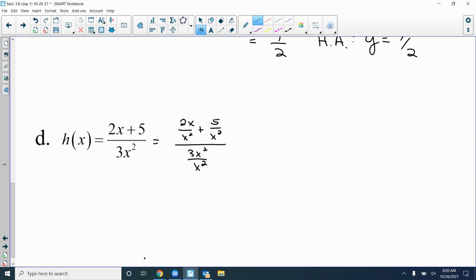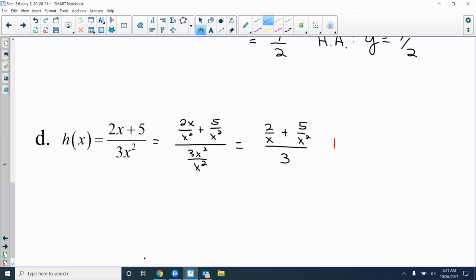Simplify everything. Well, 2x over x squared just becomes 2 over x. This is 5 over x squared. I can't do anything with this. And then 3x squared over x squared just becomes 3.